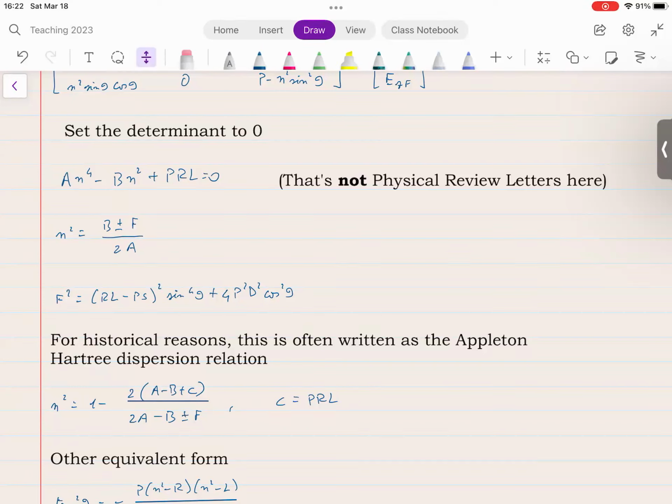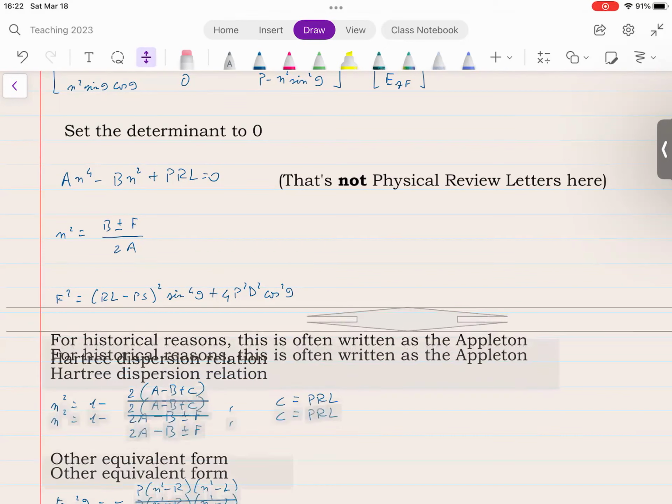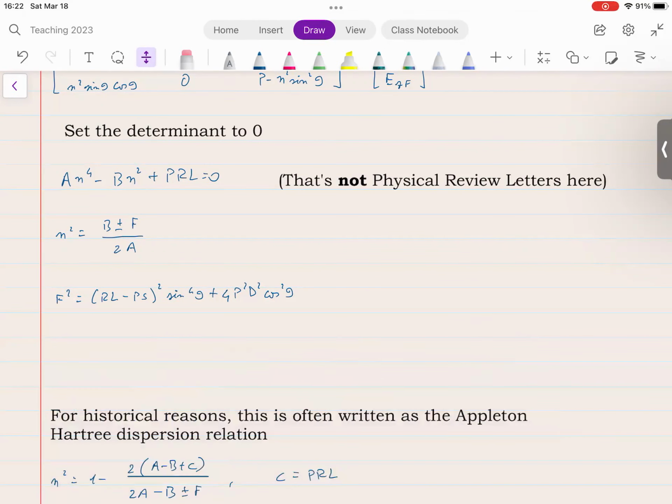Well, so let's get us some space and put them back in.